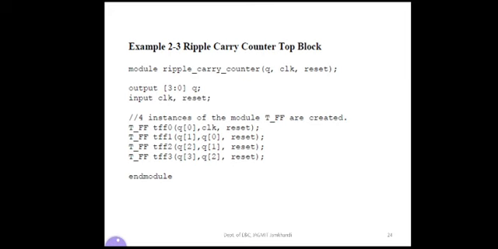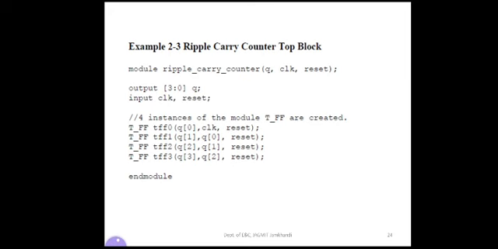This is the top level design block, whatever appears on the screen, that is module ripple carry counter. You can refer to the previous block diagram of the 4-bit ripple carry counter, in which we have Q, clock and reset. Q has 4 outputs, Q0, Q1, Q2, Q3, and there are 2 inputs, clock and reset.